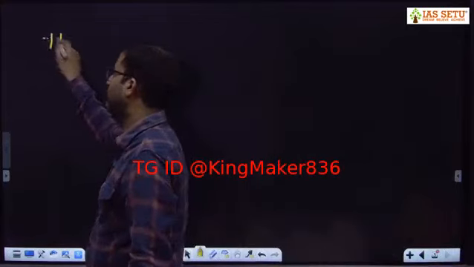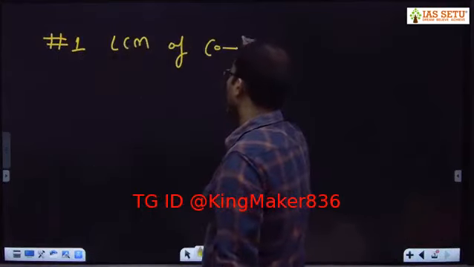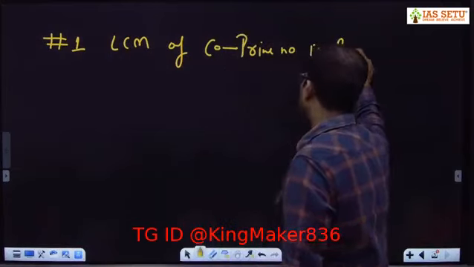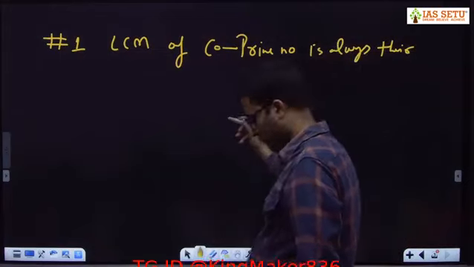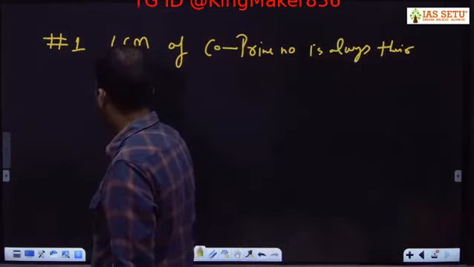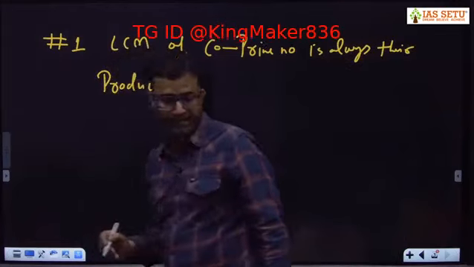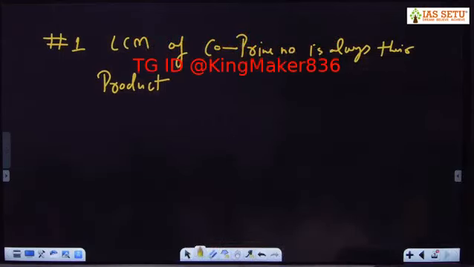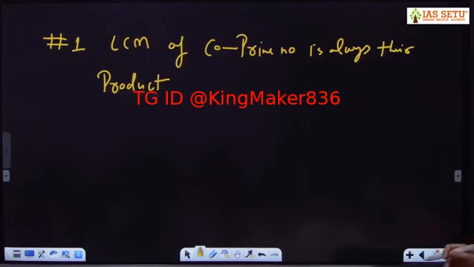So you write first one, and many of you already know. LCM of co-prime numbers is always their product.